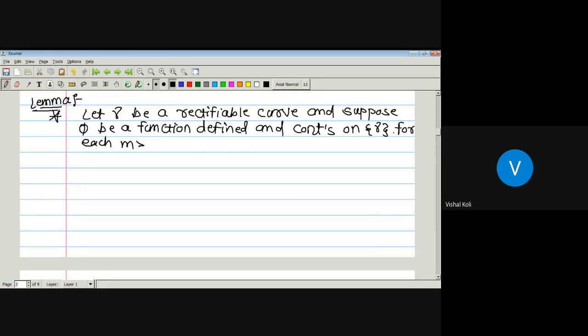For each m greater than or equal to 1, let us take fm of z as the integral over the curve gamma of phi of w upon (w minus z) to the power m dw, where z is not a member of the trace of gamma.